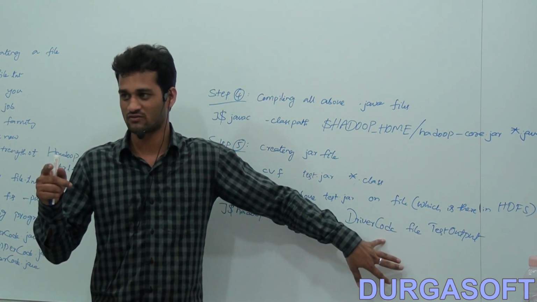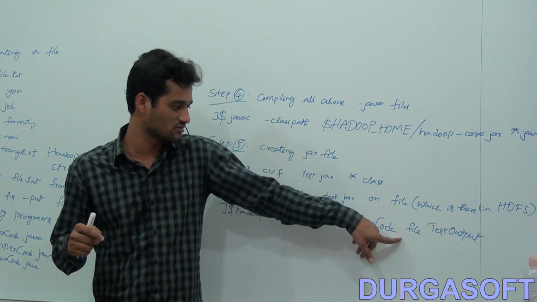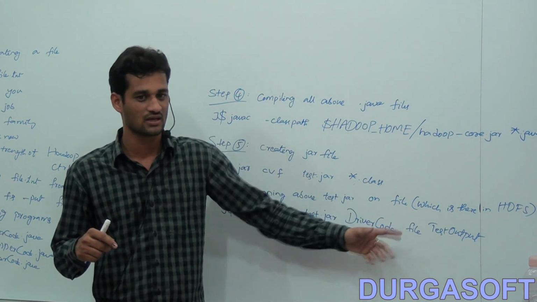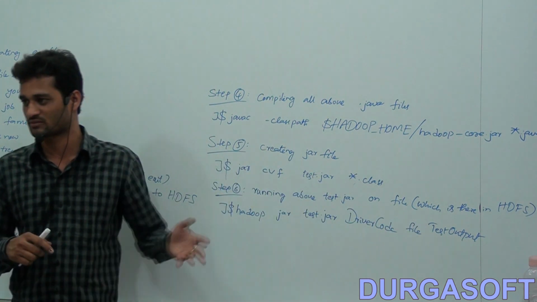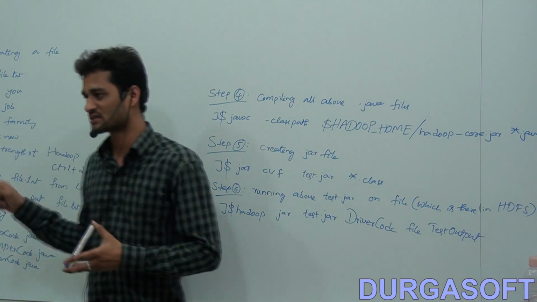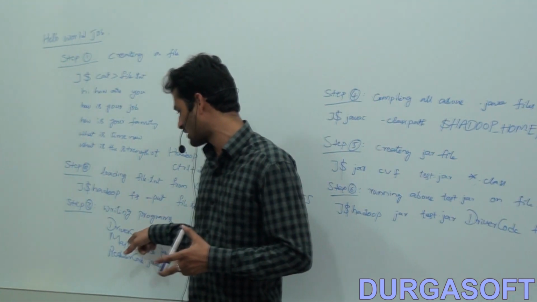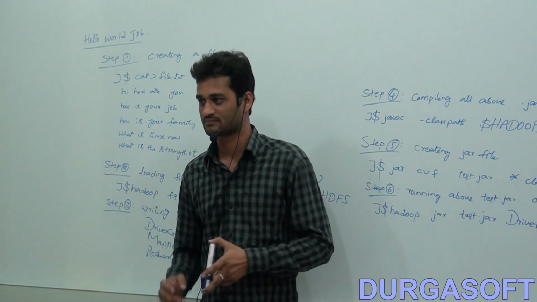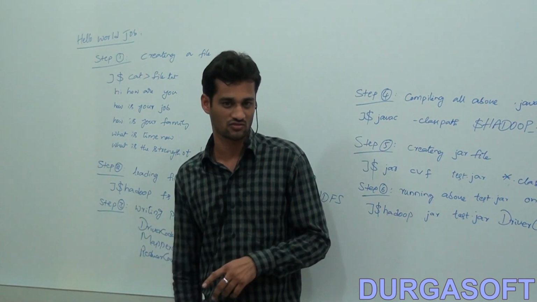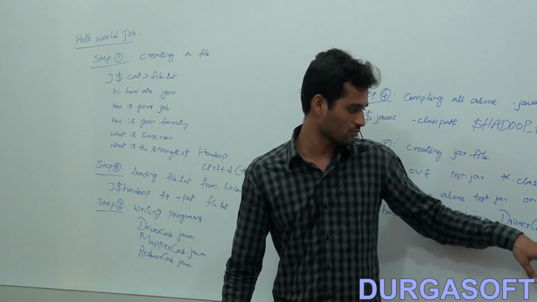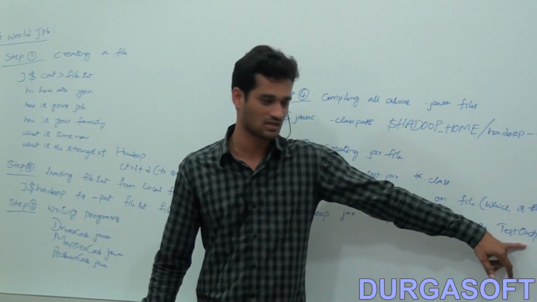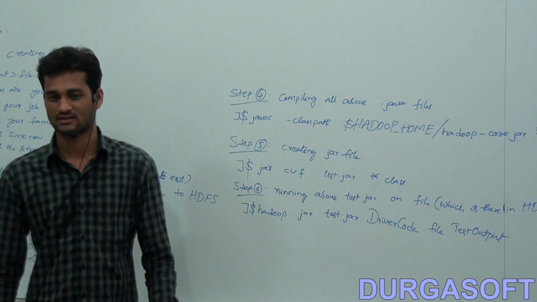So that your JVM can recognize that this driver code has the main method, and start its execution from that main method. Internally, in that main method, you are calling the mapper and reducer classes. Automatically those 2 also will be executed, and those programs will be executed on this file, and it finally gives output in the test output directory.